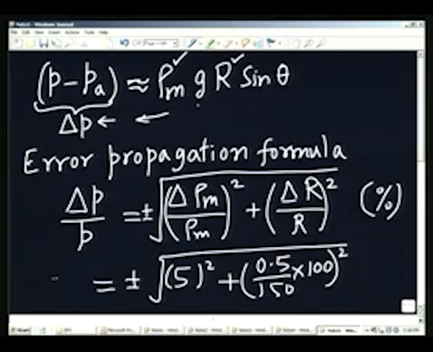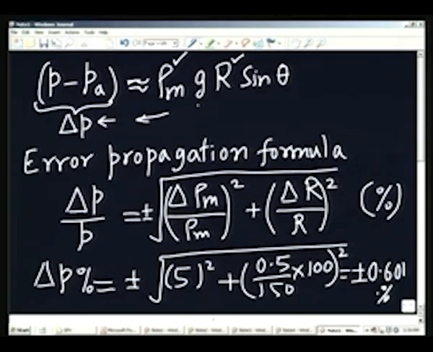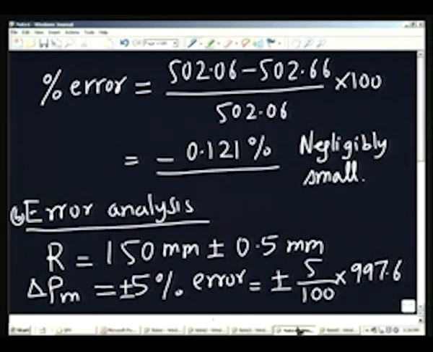So, the delta p, I will say, is percentage, this is the error in the percentage is plus or minus 0.601. I think I might have made a mistake earlier. Let me just go back. This is 0.5%.